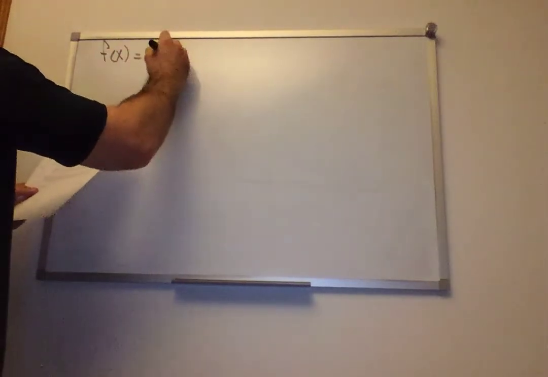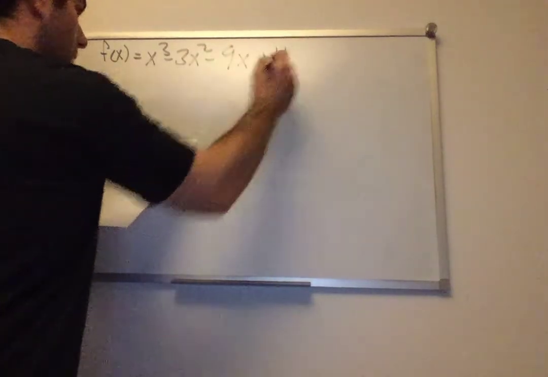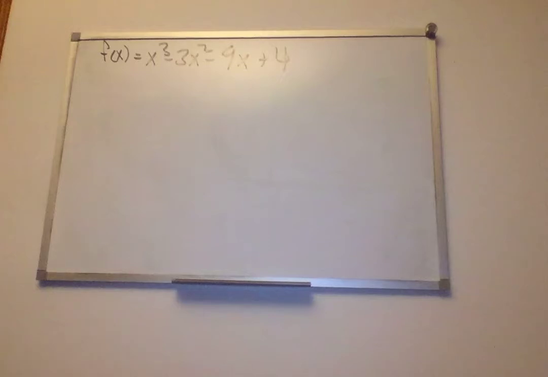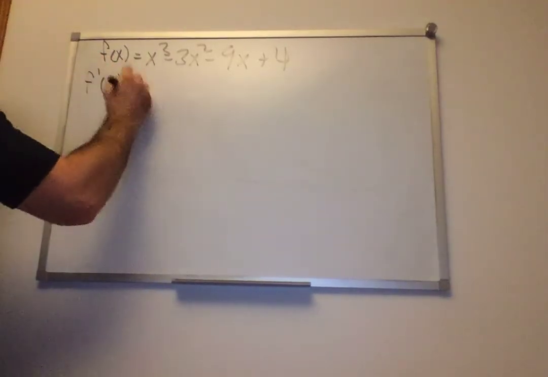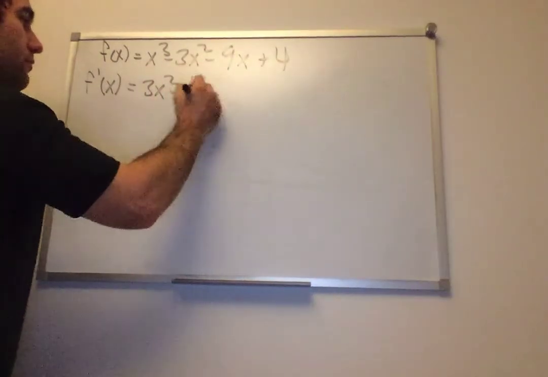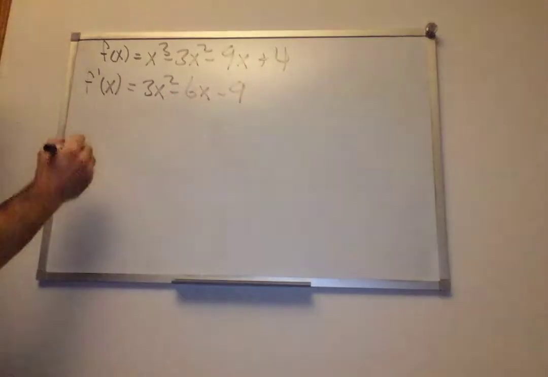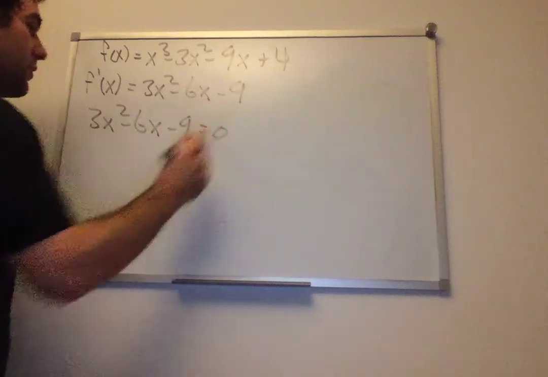So now let's do an example. We've already seen this example before. The first thing we need to do is find the critical numbers. That says take the derivative and then set the first derivative equal to 0.